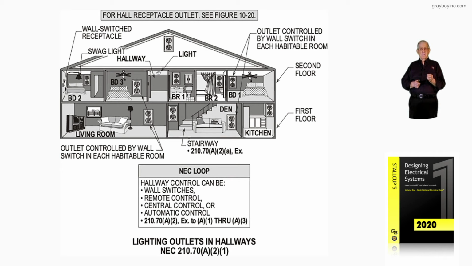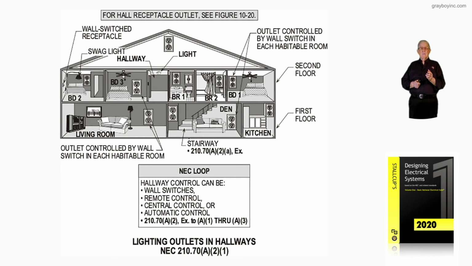So this figure 11-9 is dealing with lighting outlets in the hallway in accordance with 210.70 A2 item number 1.